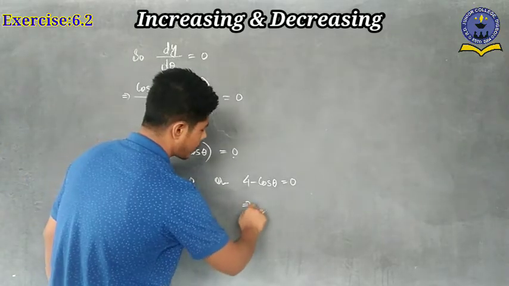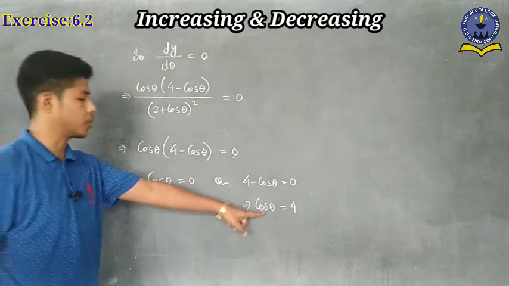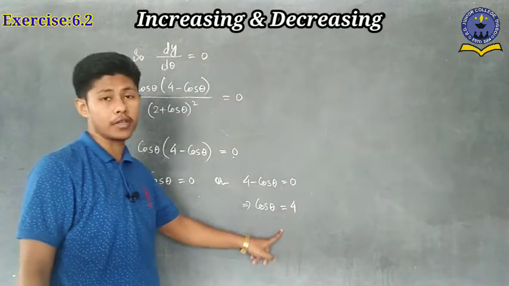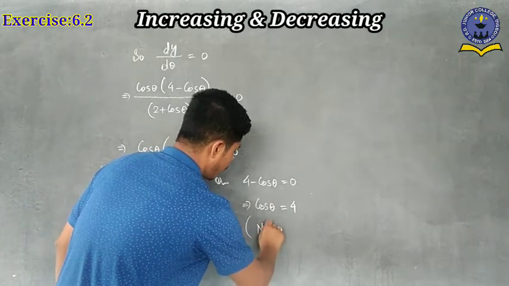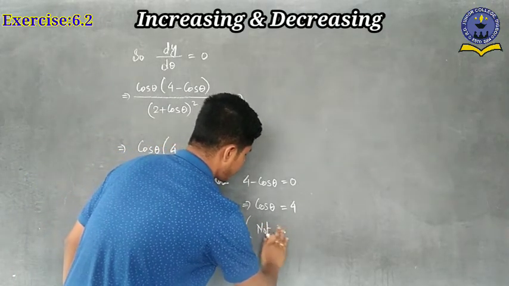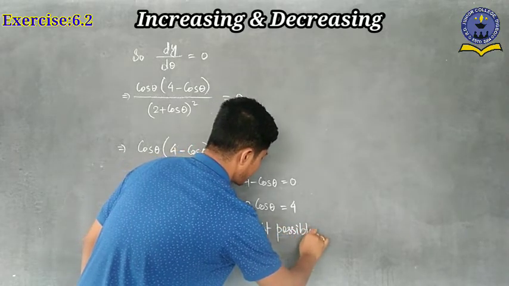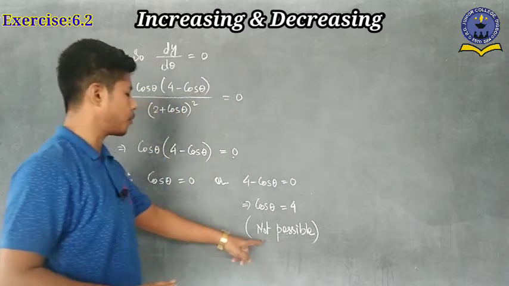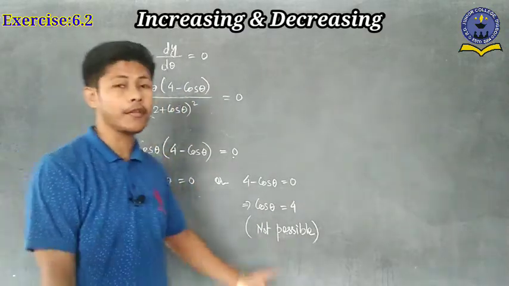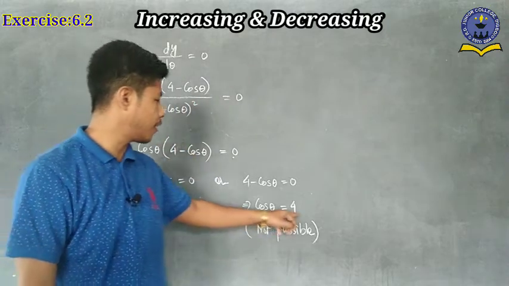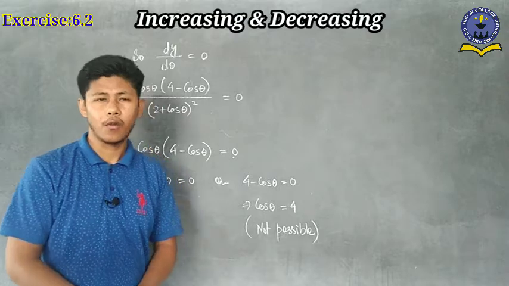The reason: cos theta equals 4 is impossible, because the maximum value of cos is 1 and the minimum is -1. Here the cos theta value we get is 4, which is not possible because the maximum value is 1.